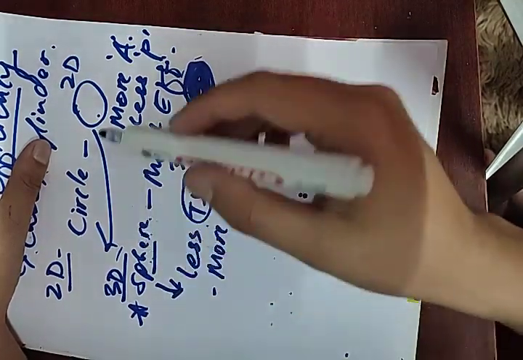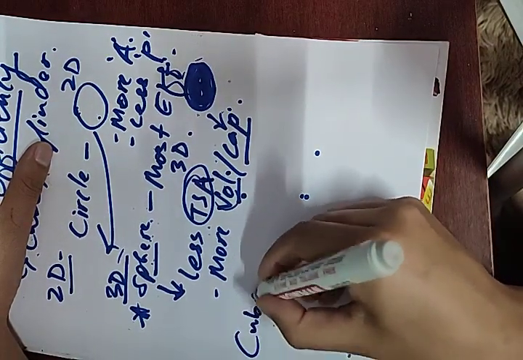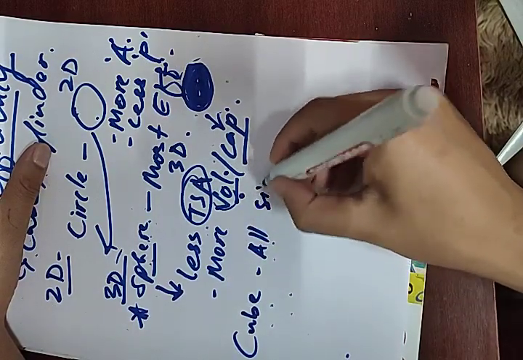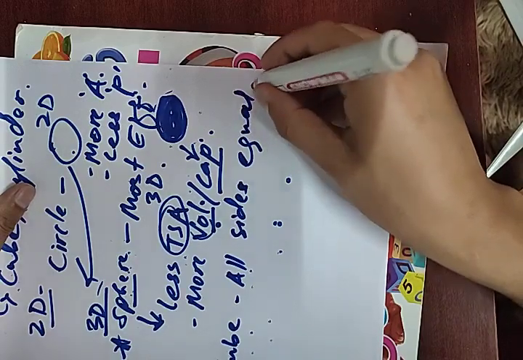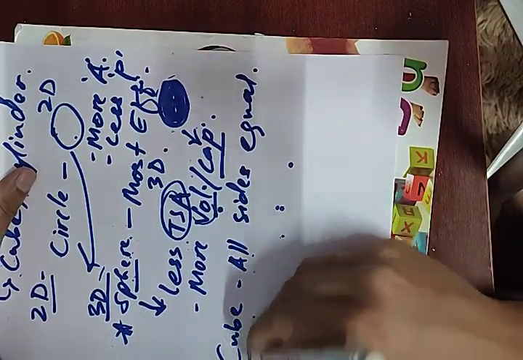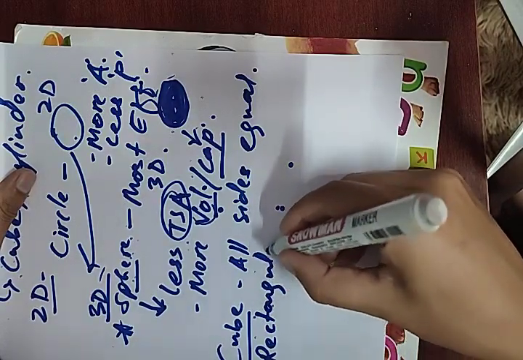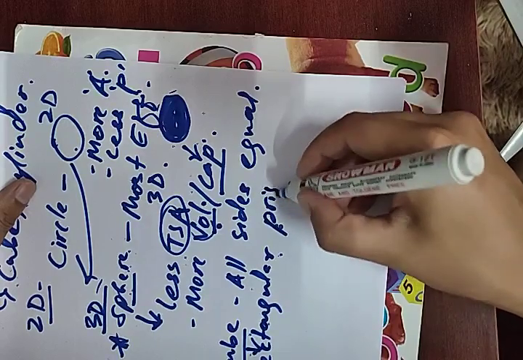Similar to that 2D shape, in 3D, especially the cube, with all the sides equal, the cube is also a rectangular prism.